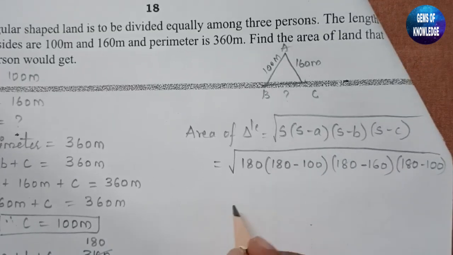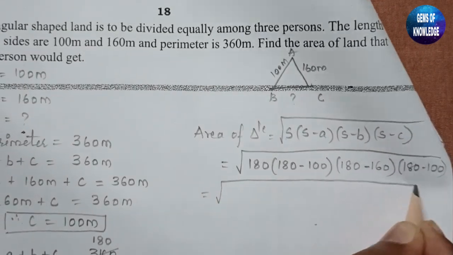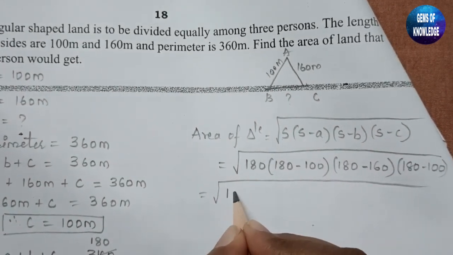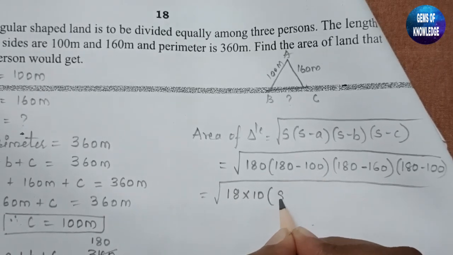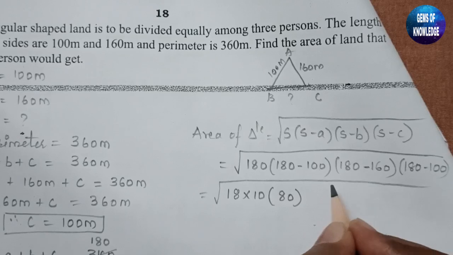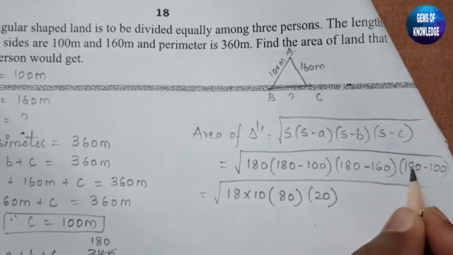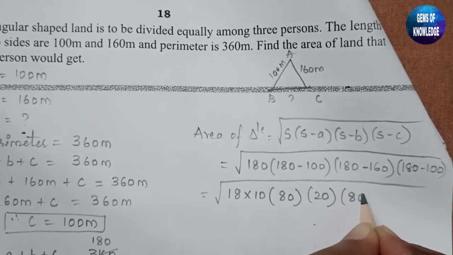Then 180 can be written as 18 into 10. 180 minus 100 is 80, 180 minus 160 is 20, and 180 minus 100 is 80 again.